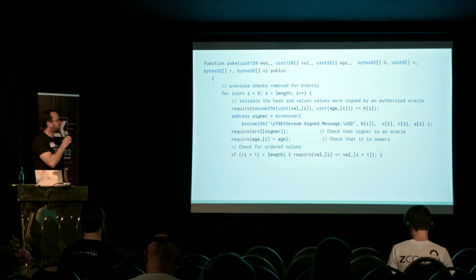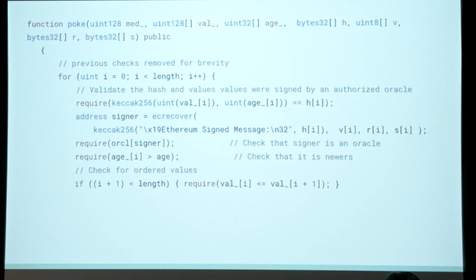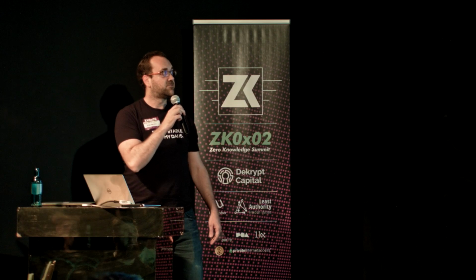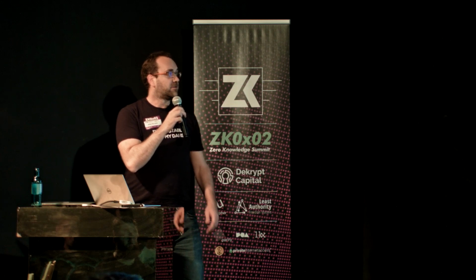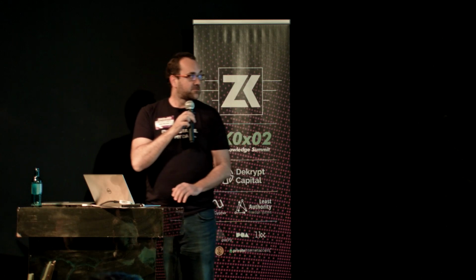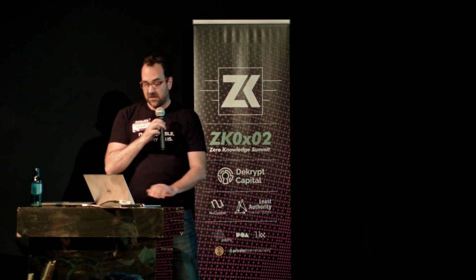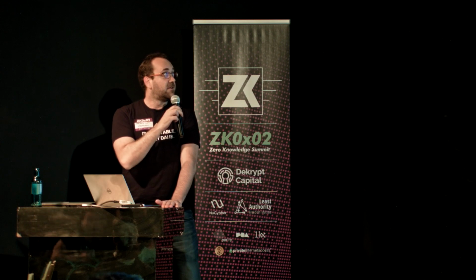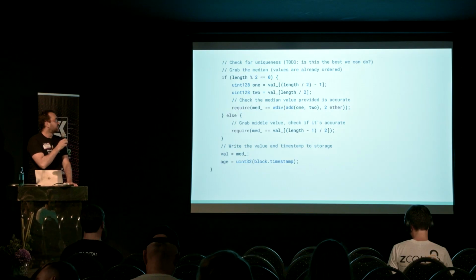I removed stuff for brevity, but essentially you have to go through every single message. You have to validate, do an ecrecover to validate that the data you get from each of the oracles belongs to a whitelisted address. You require that the age is newer than the previous one. You check that the values are ordered, and if they are, then you just get the median, right?